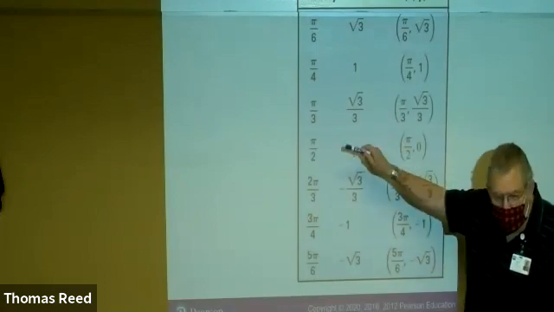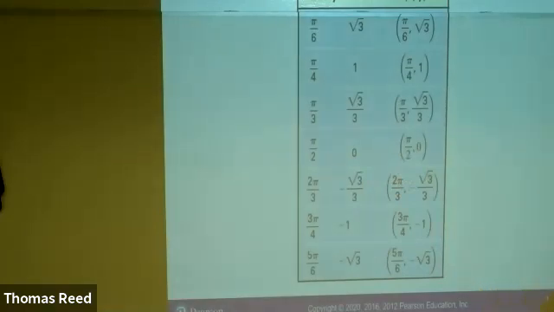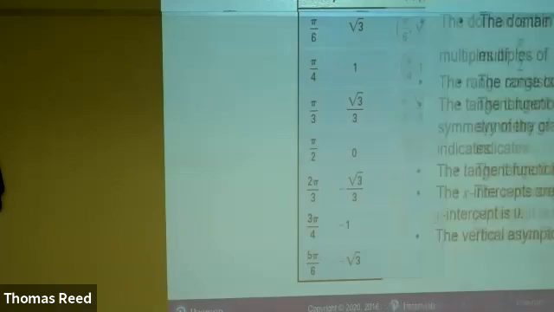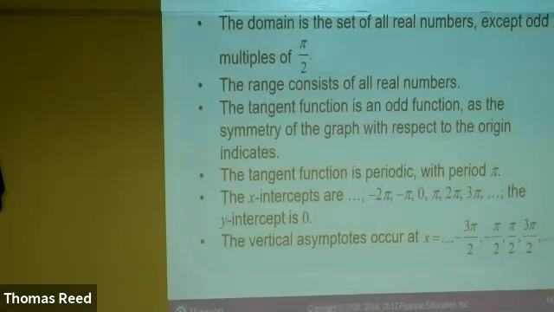So the odd multiples of pi halves are part of the domain. And since it's a reciprocal function, the zeros are at the multiples of pi, so with cotangent, those don't exist for cotangent.